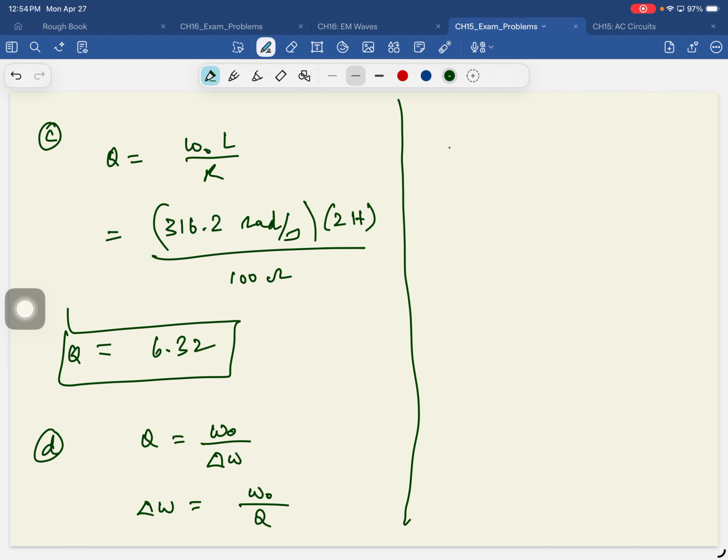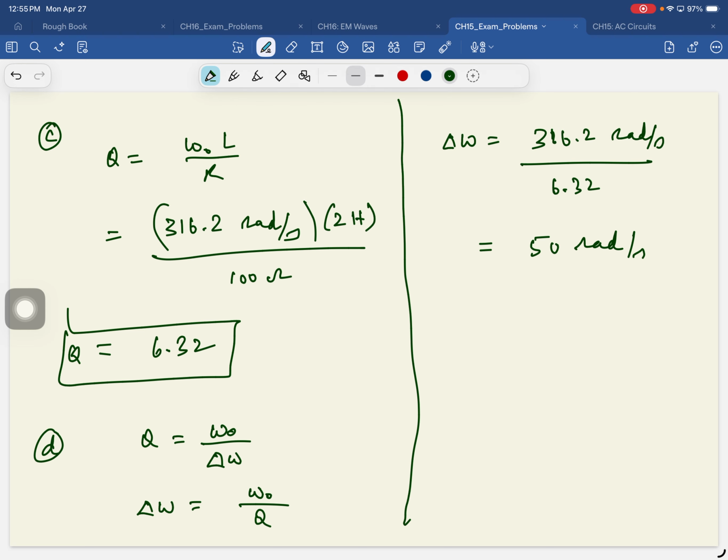So delta omega is 316.2 radians per second divided by 6.32, which is 50 radians per second.